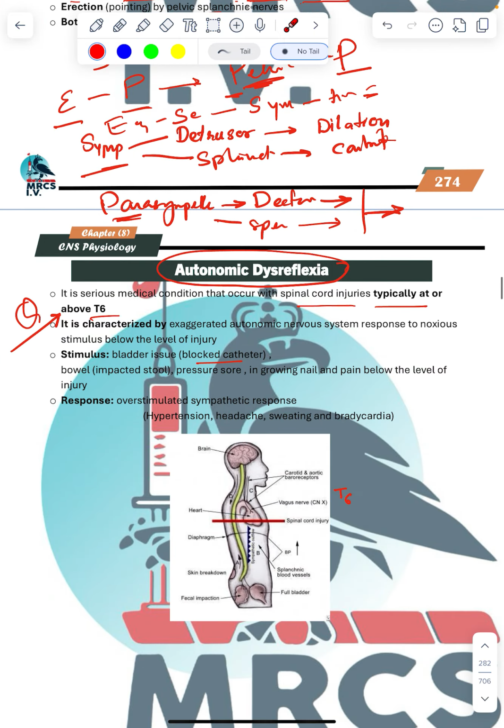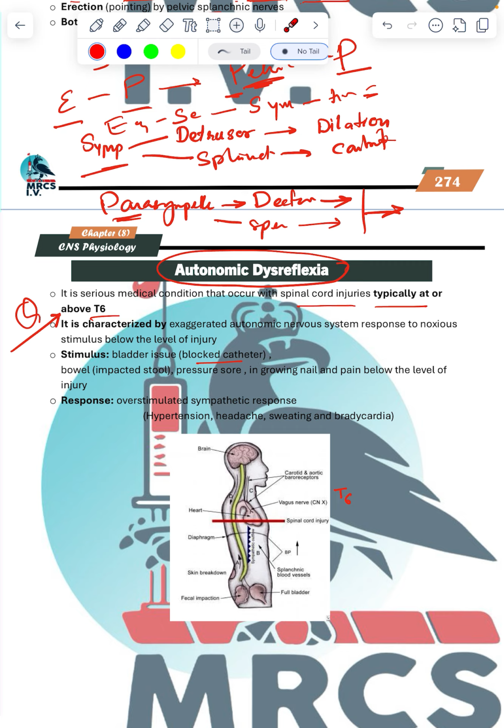Now, what is autonomic dysreflexia? It is a serious medical condition that occurs at the level of T6 or above, characterized by an exaggerated autonomic response to noxious stimuli below the level of injury. A blocked catheter can lead to autonomic dysreflexia. Stimuli can be a blocked catheter, impacted stool, pressure sores, ingrowing nails, or pain below the level of injury.